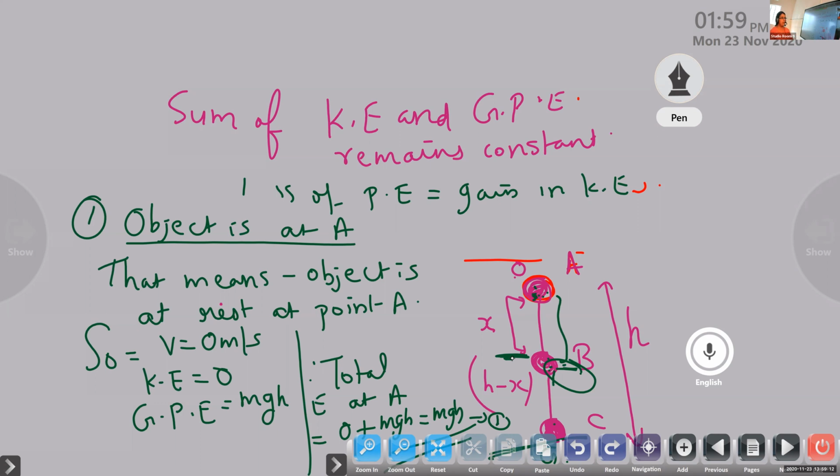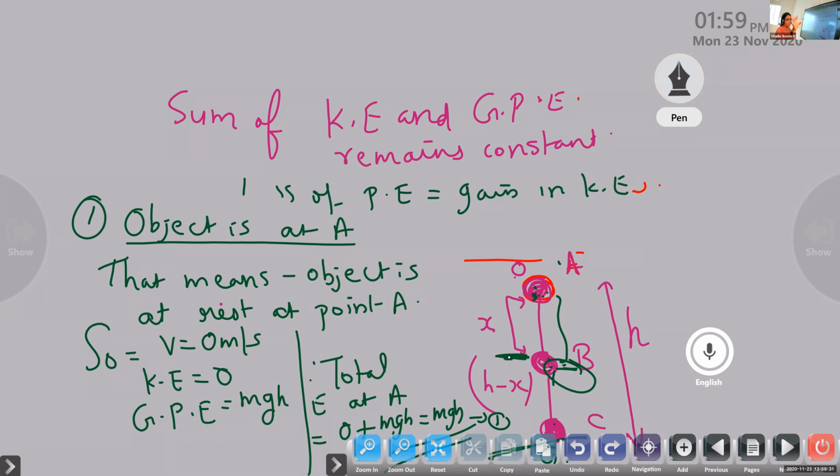Are you getting me? When the object is at A, the total height was h. Now the object is at B, what is the height remaining? Or at this position, what will be the potential energy of the object? Anyone can tell me?